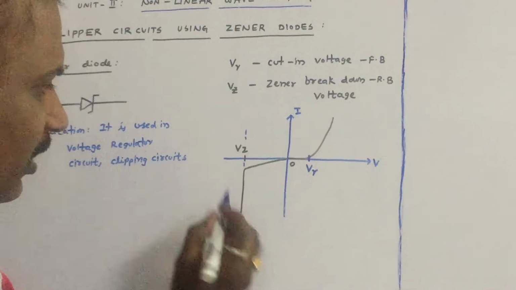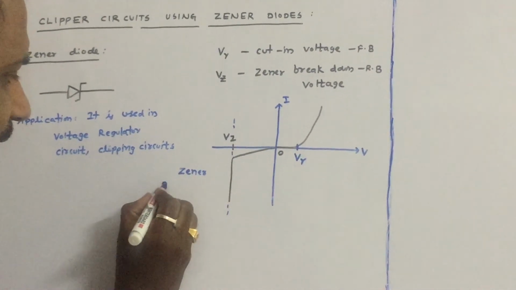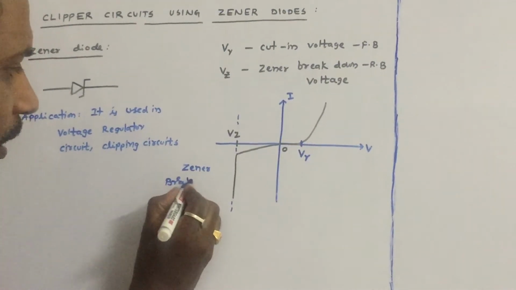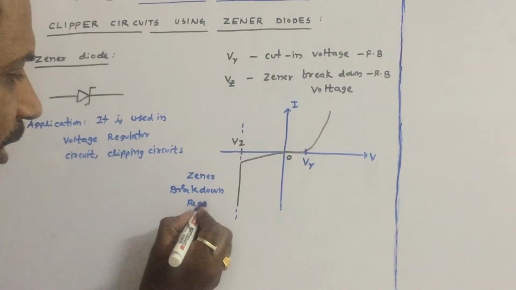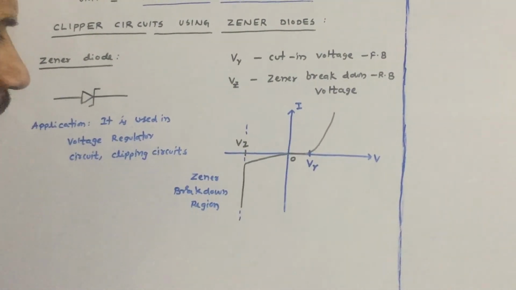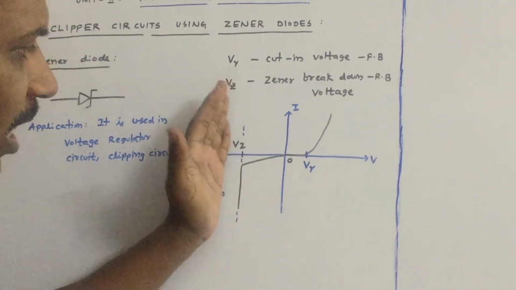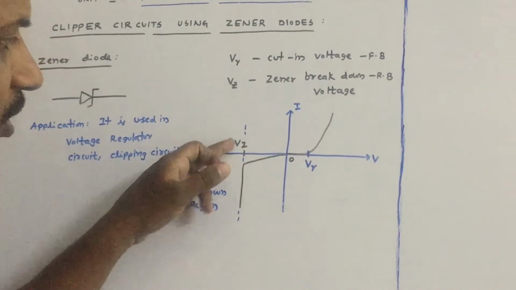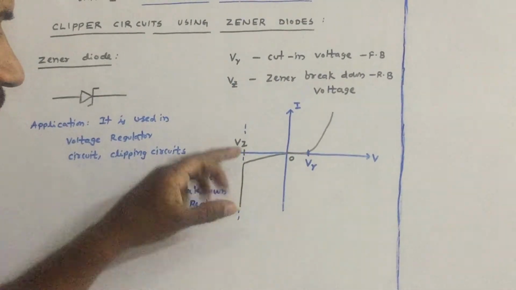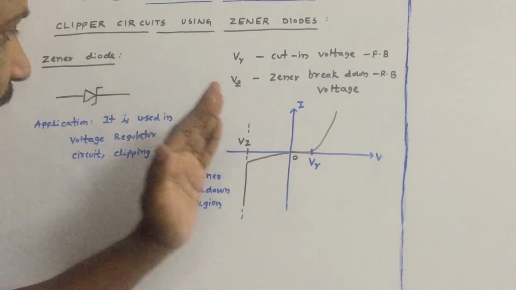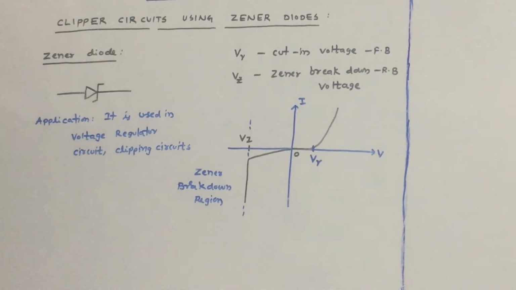So this portion is called Zener breakdown region. That is, when the reverse bias voltage across the Zener diode crosses Vz voltage, then the voltage across Zener diode remains fixed at Vz. So due to this characteristic, it finds application in voltage regulators and clipping circuits.